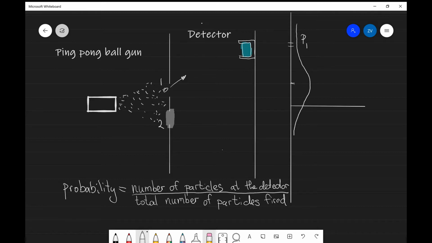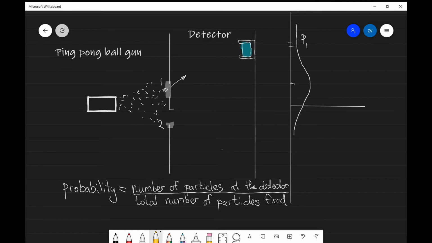So let's just go ahead and open up slit number 2, and what I'm going to do is close slit number 1. Now, if that's the case, I'm going to get a similar curve, and the peak of that curve is going to be directly opposite slit number 2.